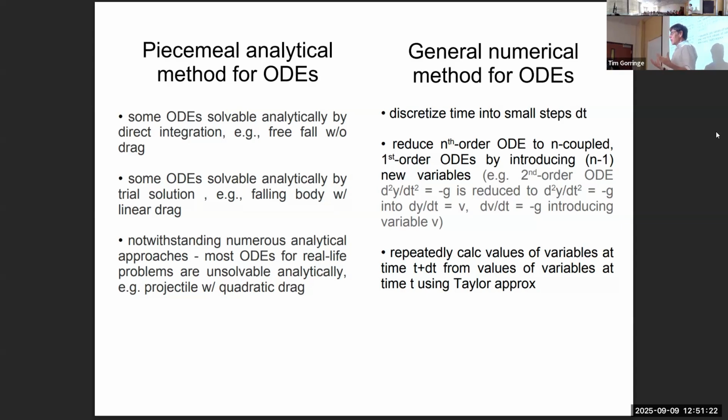One of them that we often use in physics is a trial solution. This is also a relatively easy one. You pick a solution that you think matches the problem, you put it into the differential equation, and if it works, you found the solution. And then you can tailor that trial solution to your particular initial conditions.